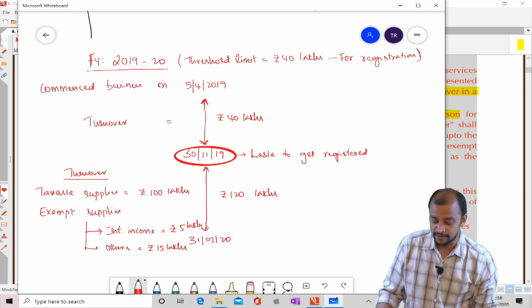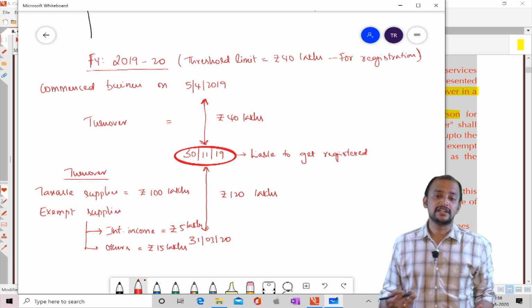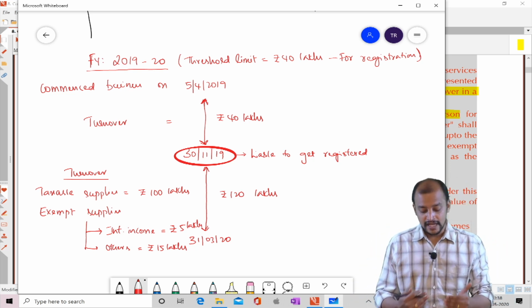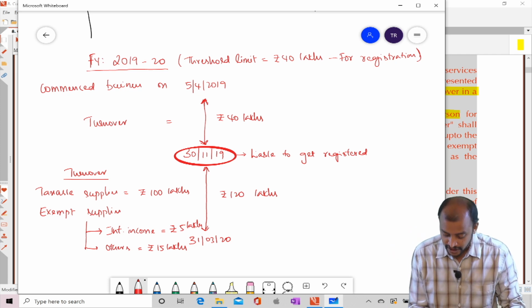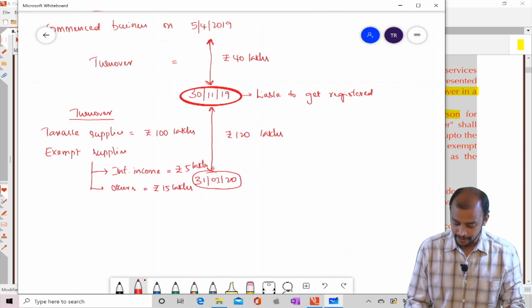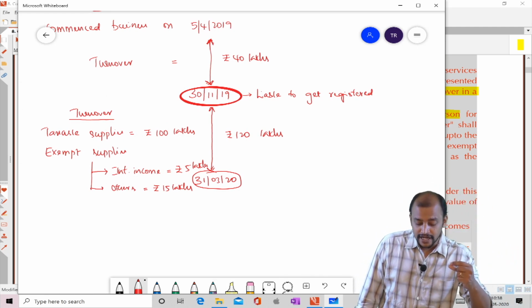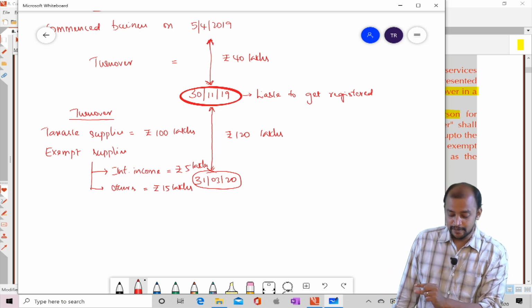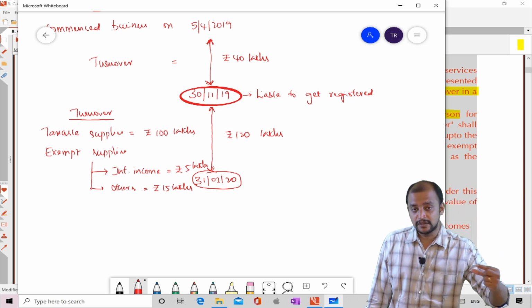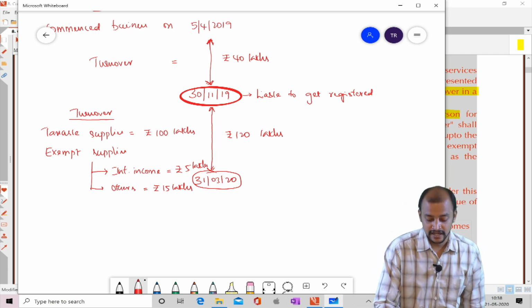That is a threshold limit, and with effect from 30/11/2019 that person is liable to get registered. Thereafter, up to 31st March 2020, the turnover is 120 lakhs. What is the breakup of the turnover? Taxable supply 100 lakhs, exempt supply 20. In the 20, interest income is 5 lakhs and others is 15 lakhs.